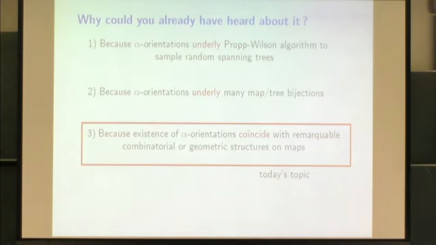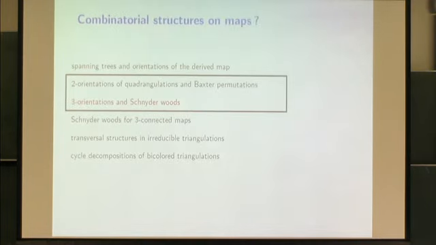The collection of examples includes these 5 ones, and as I said, I will concentrate on 2 of them, which in a sense we understand better. So I should say 3 of them. The first 3 are the ones that are most understood.